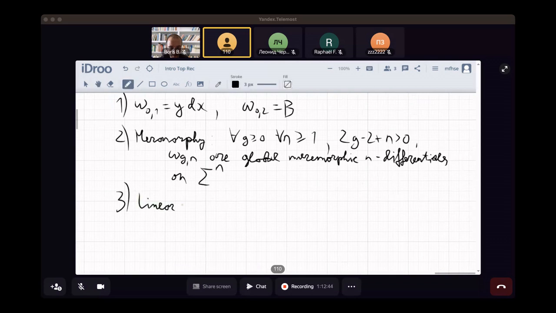The linear loop equation is the following condition: for all g, n, the following expression, omega g, for all i from 1 to capital N.